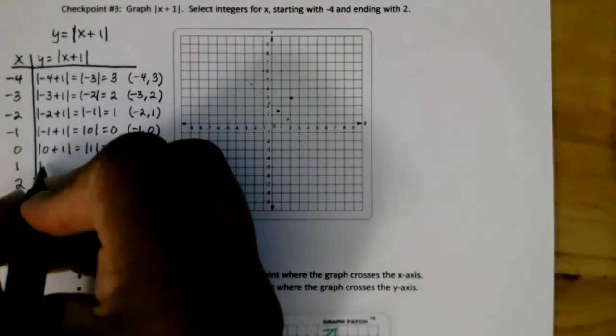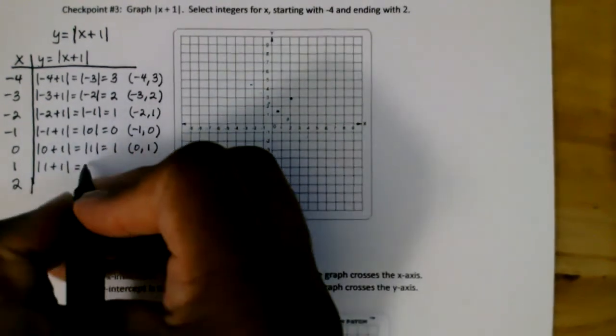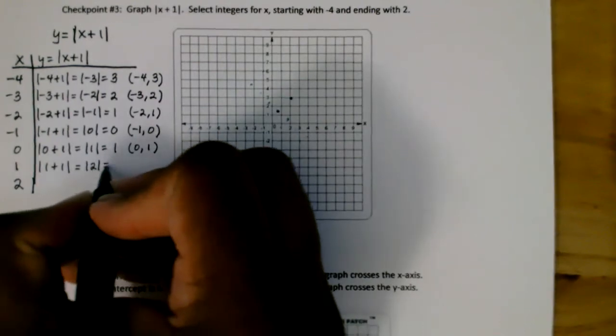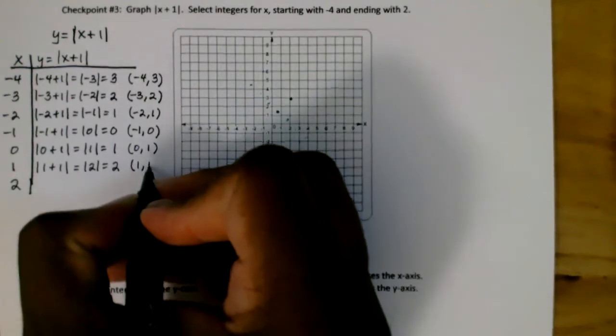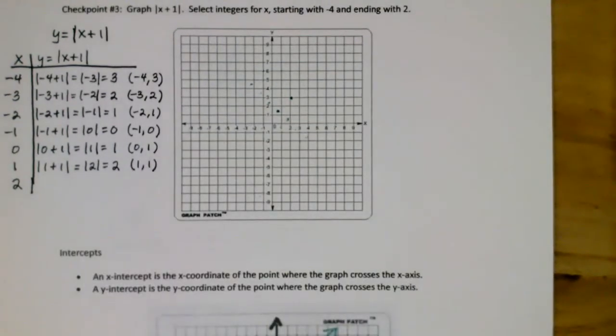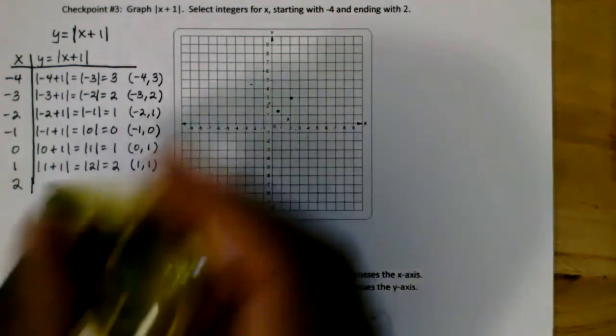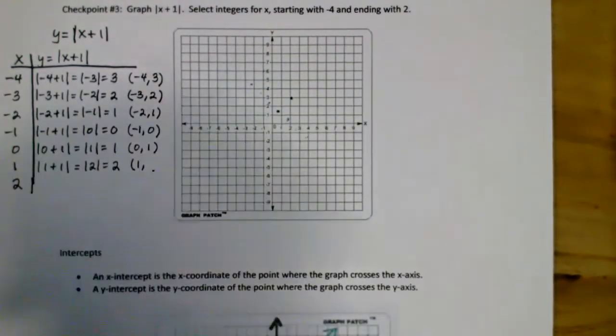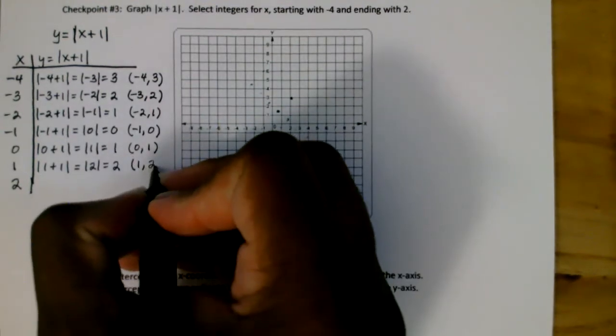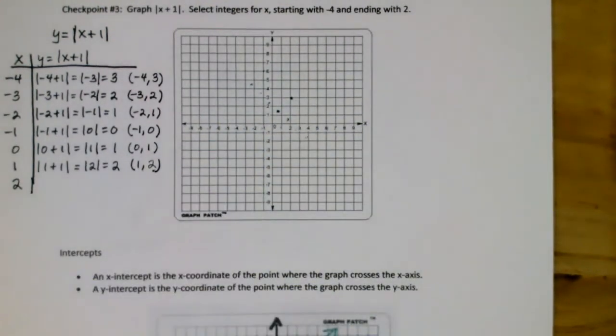And then for x equals 1, we'll have the absolute value of 1 plus 1. 1 plus 1 will be 2, and the absolute value of 2 is going to be 2. So another ordered pair will be 1, 2.